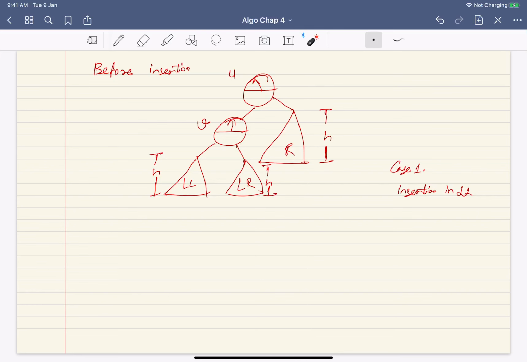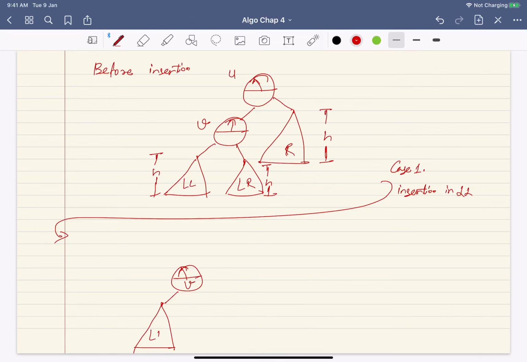So let's draw that. Case 1: node V, with LL and LR. LR has a smaller height, and LL becomes h plus 1.